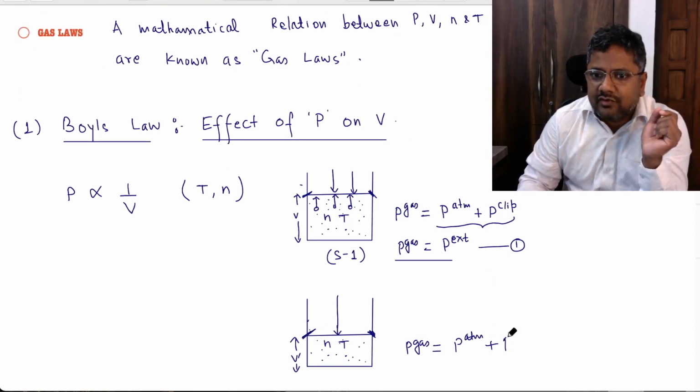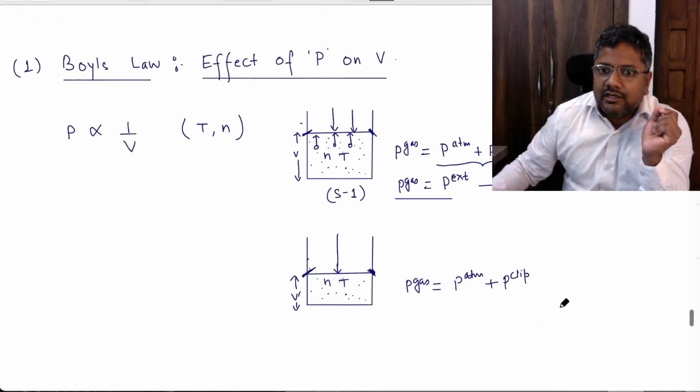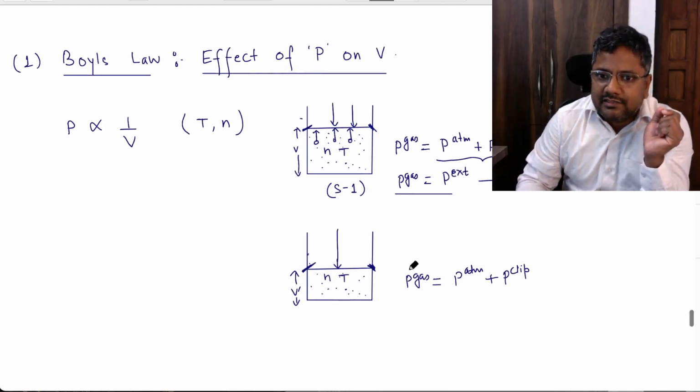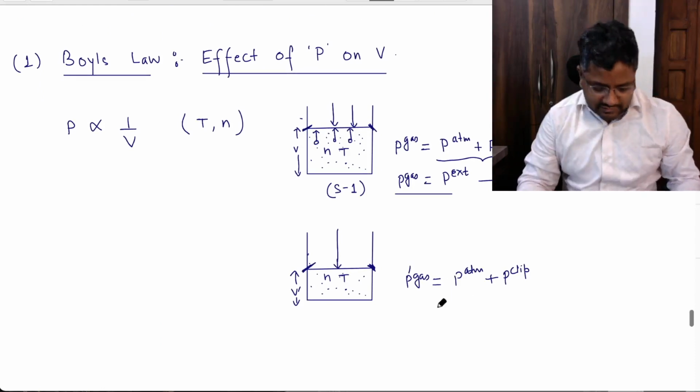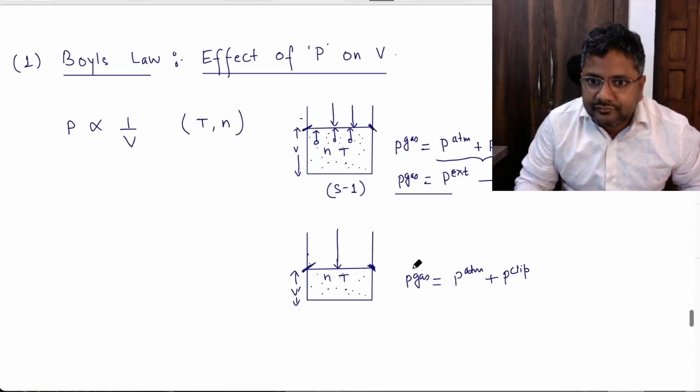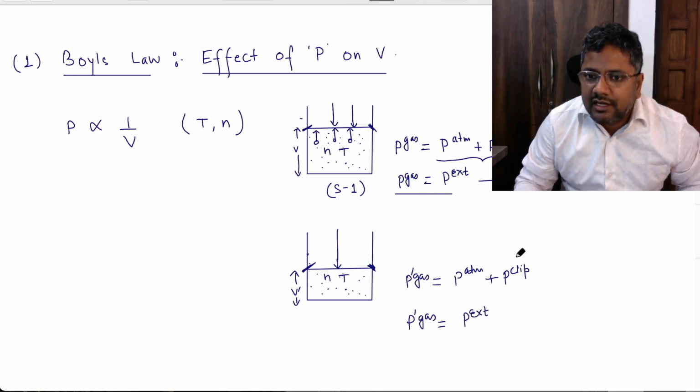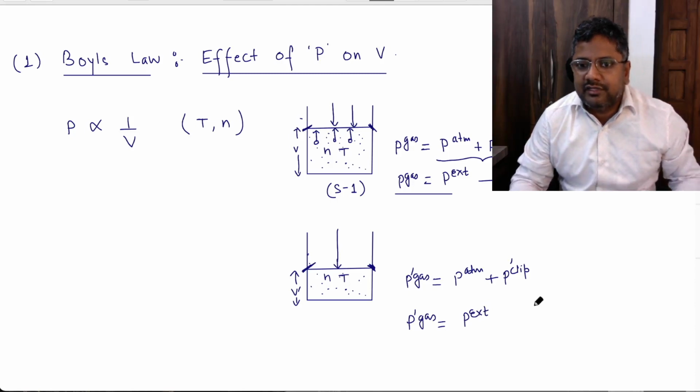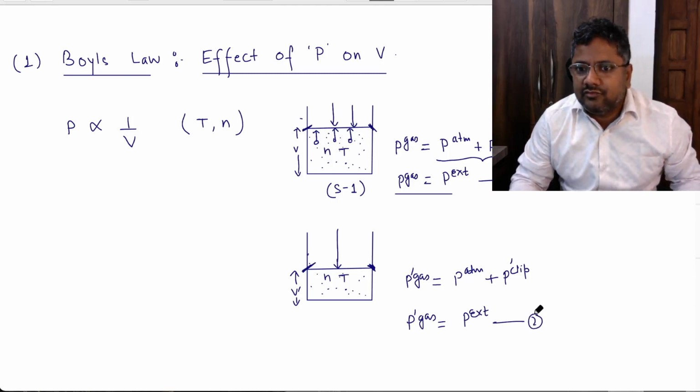So the pressure offered by this clip is more. So this time again P dash gas is equal to P external and this P dash clip, right? This is equation 2.